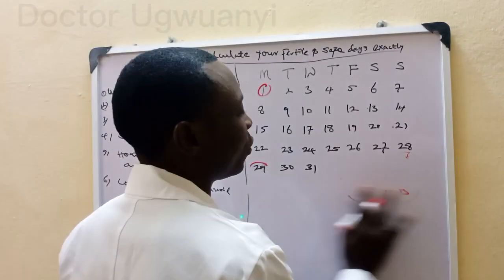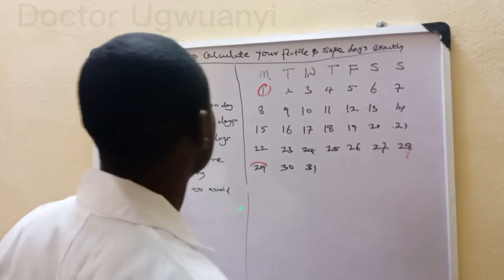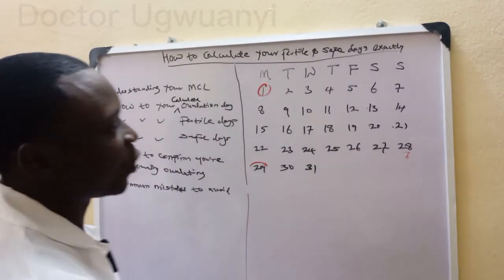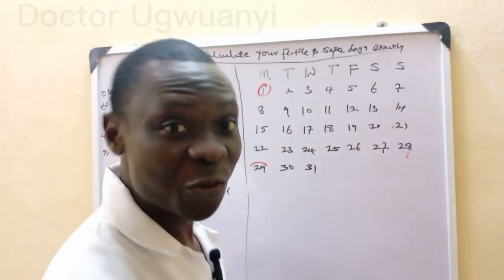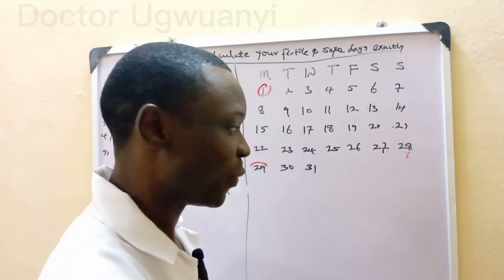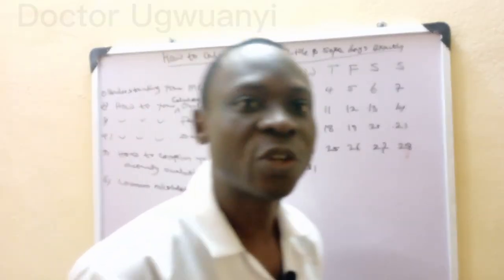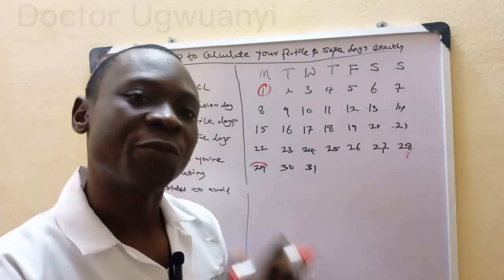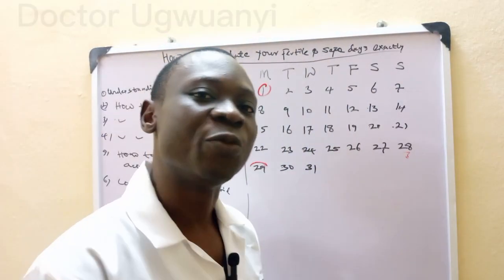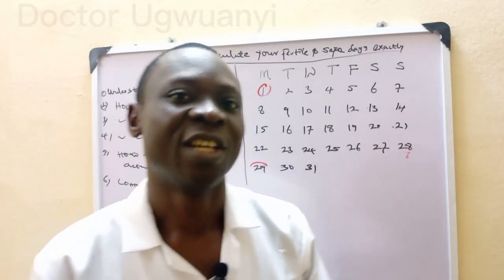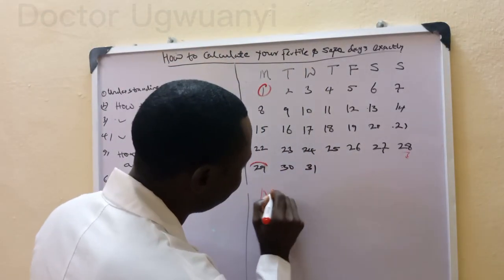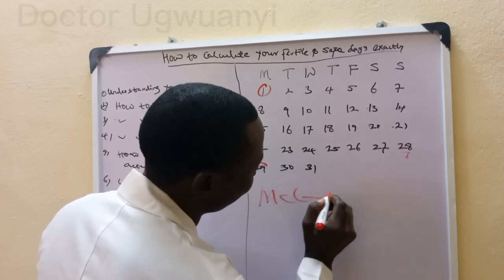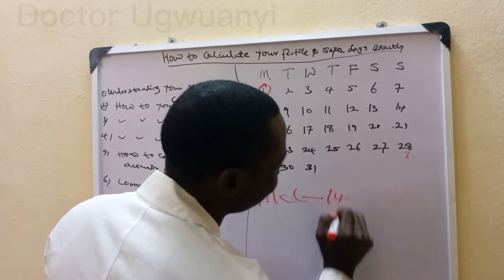Okay, so in handling ovulation, it has a formula. They say that ovulation day is calculated 14 days before your next period, or you just say menstrual cycle length minus 14 days.